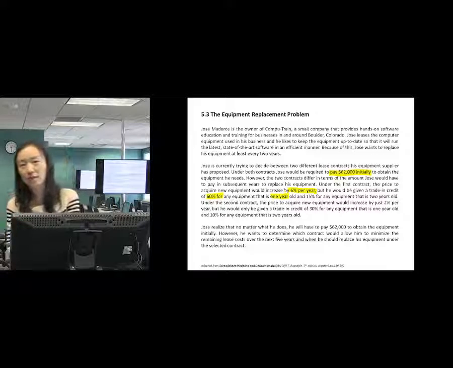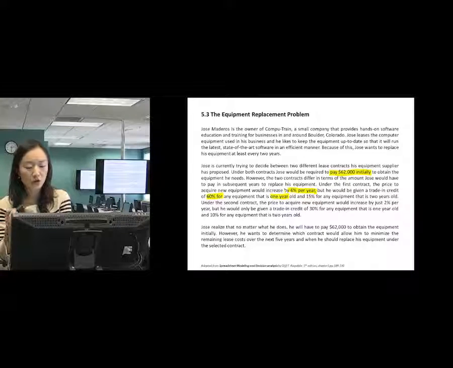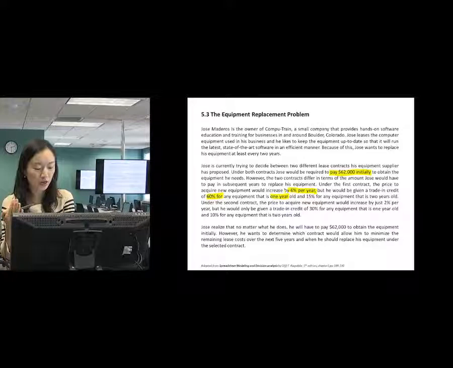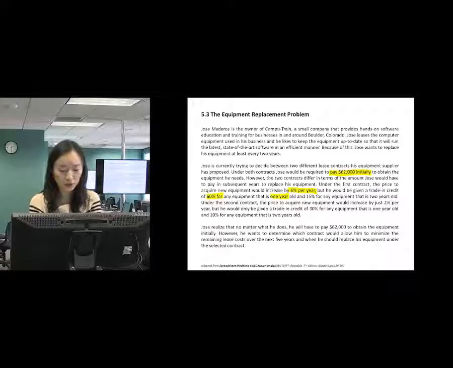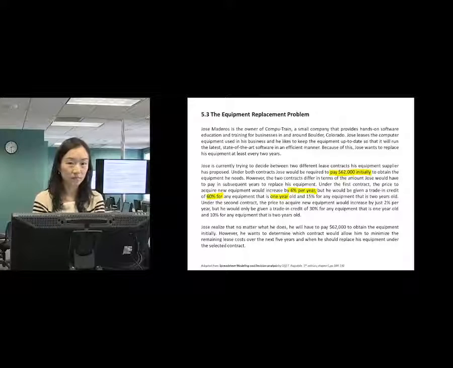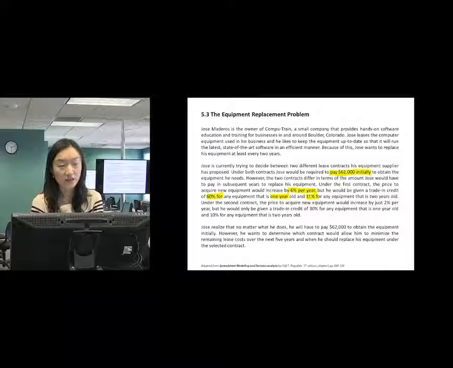So if he buys new equipment and decides to trade it in after 1 year, the price will increase by 6%, but he also gets 60% of what he paid initially. Or he can trade in after 2 years, and he gets 15% for the 2 year old equipment. That's the first contract.